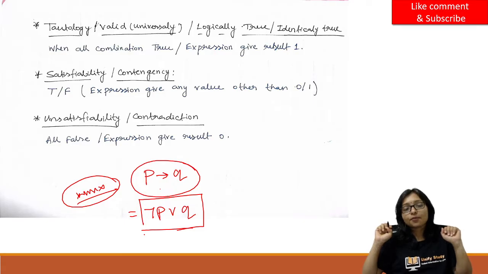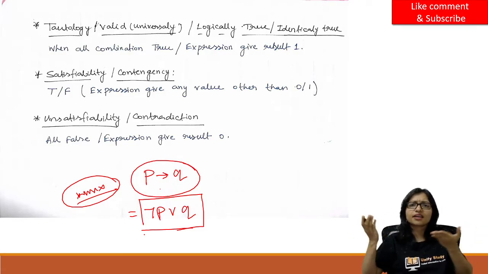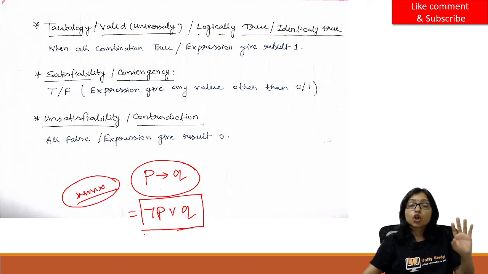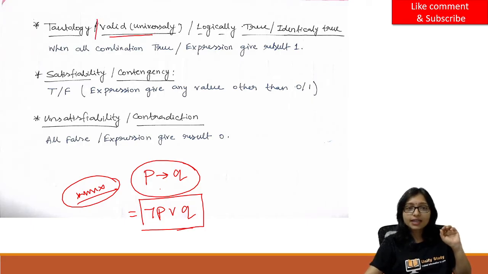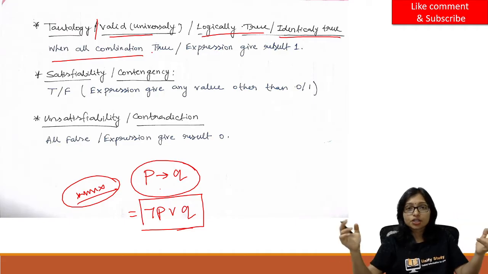Now the next type of question is on tautology, valid, identically true, satisfiable. What is that? I am telling you simply. Tautology, valid, logically true, or identically true, these all are the same. It is when all combinations are true.